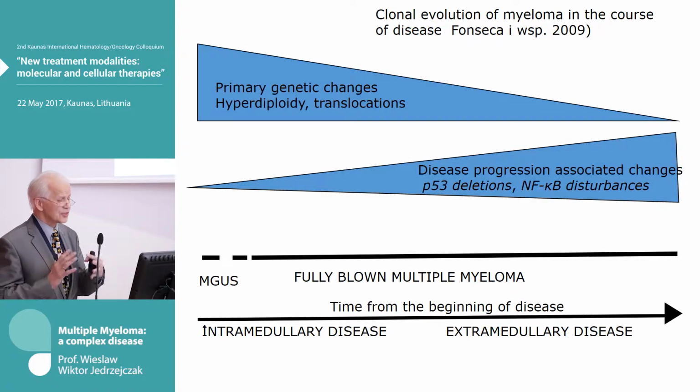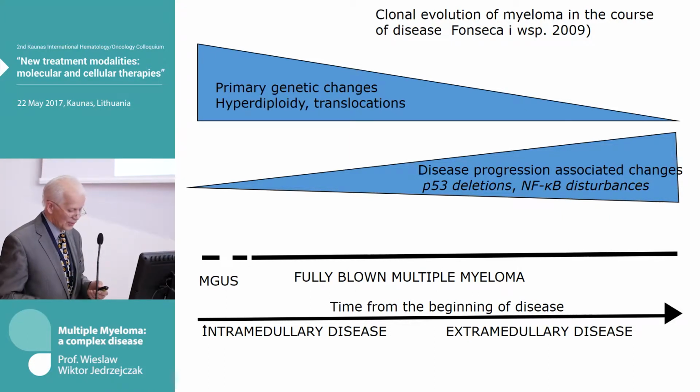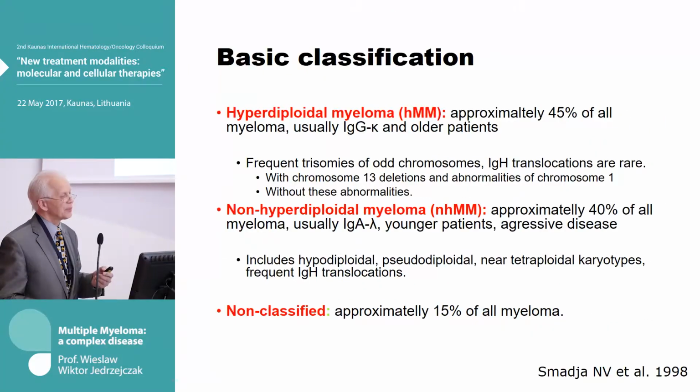Moreover, one can structure multiple myeloma from the point of view of genetic lesions that are in the background of the neoplastic behavior of the cells. These changes could be divided into so-called primary genetic changes, and changes associated with disease progression, which are overlying these primary changes.